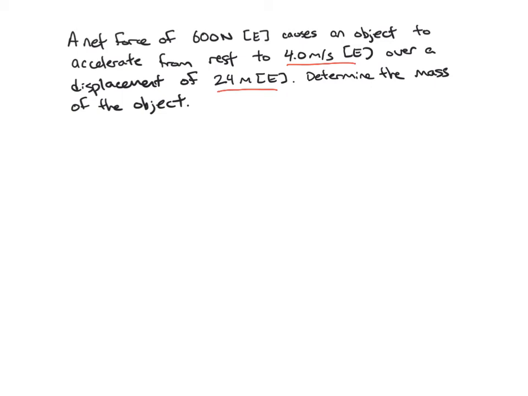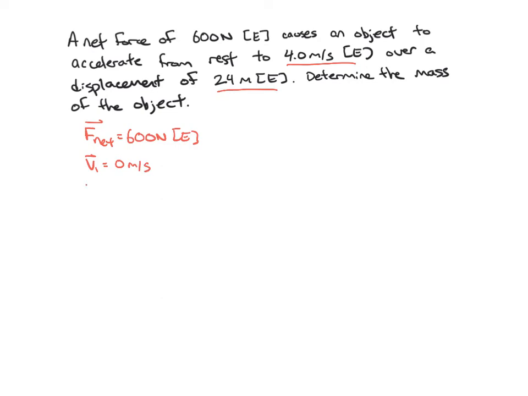So same way to start. I'm using my strategy of making a list. So I've got the net force, 600 newtons east. I've got that it starts at rest, which I'll write as v1 equals 0 meters per second.